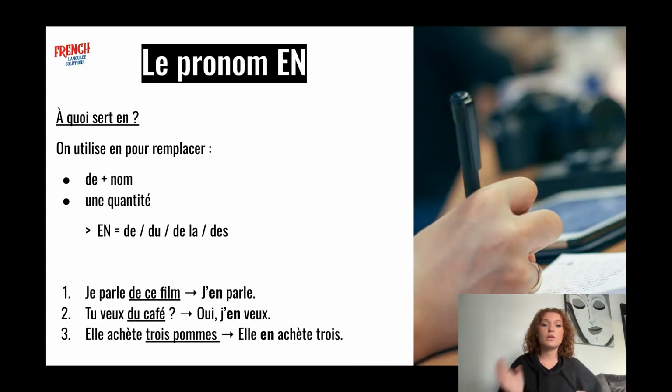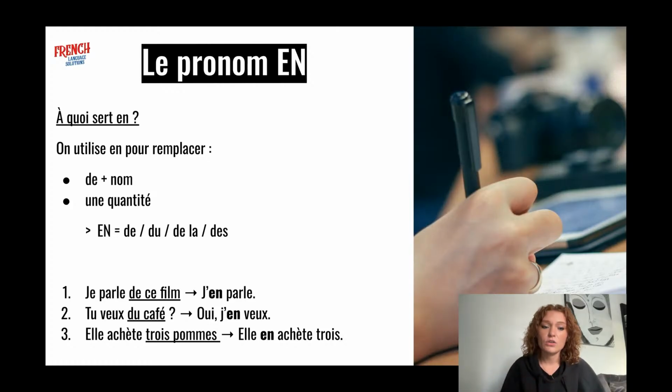Now let's see, for example, number 2. Tu veux du café. You want some coffee. You know that du means some. We have different types of some depending on the gender of the noun: du, which is the masculine some, de la, the feminine some, and des, the plural some. We tend to put it before a food or something that we eat.